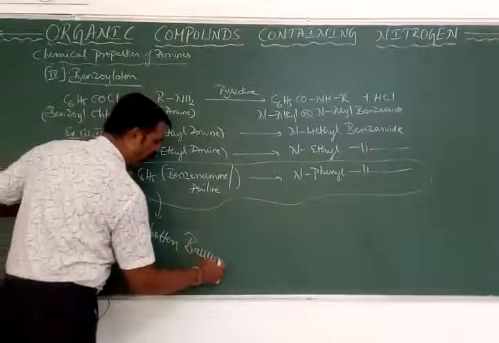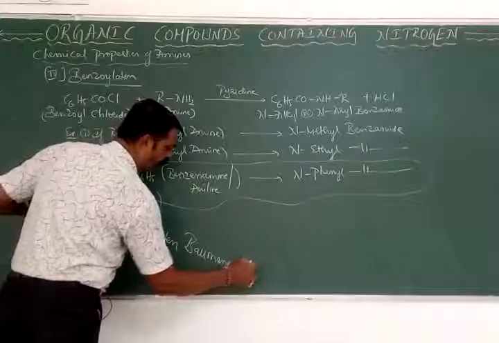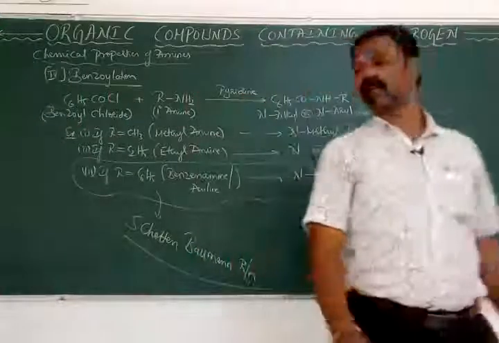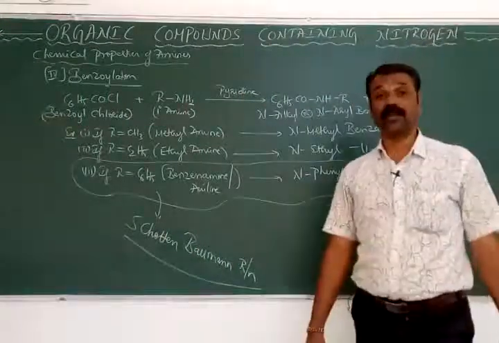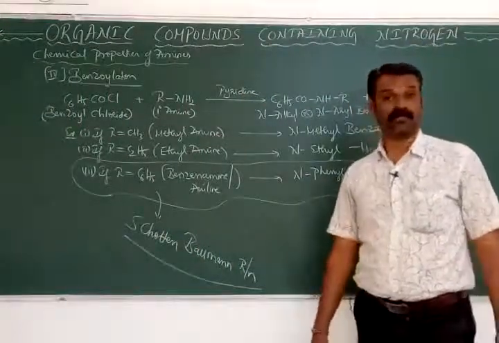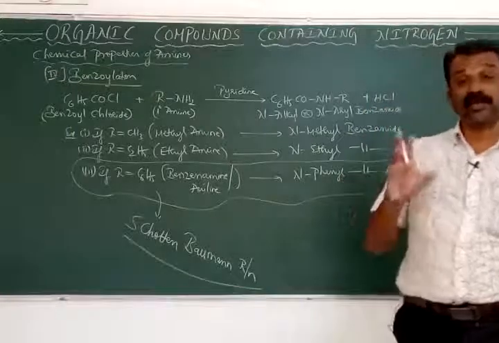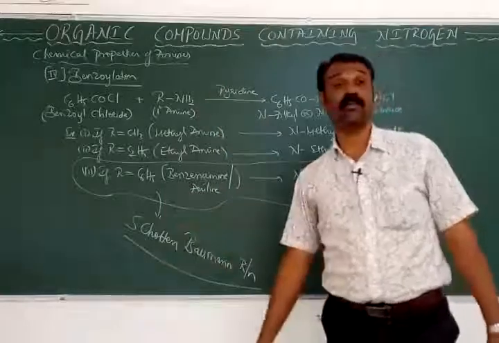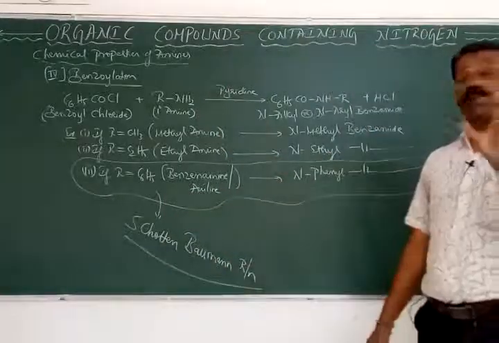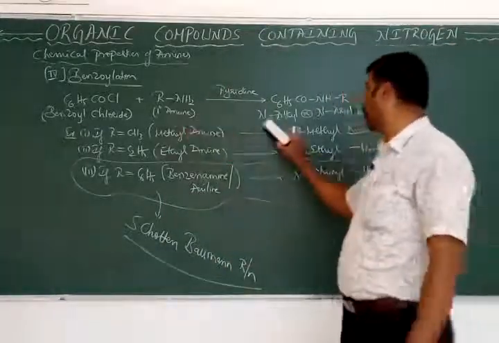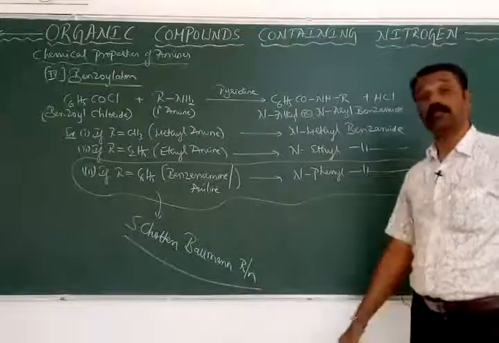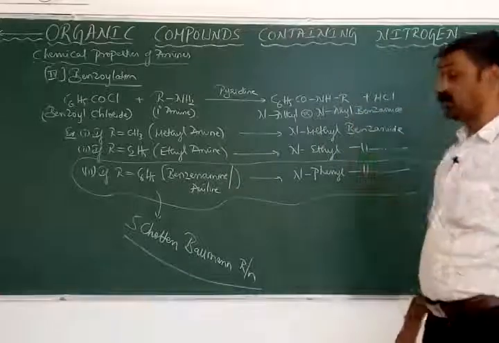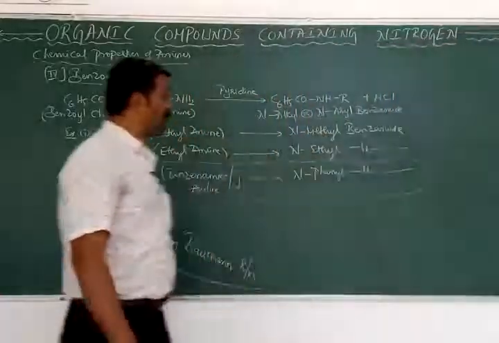In particular, this reaction is called the Schotten-Baumann reaction. The benzoylation of aniline or benzenamine is strictly called which one? The Schotten-Baumann reaction. Okay, so that is just the replacement of hydrogen of the amine by the benzoyl group, called benzoylation. Primary amines reacted with benzoyl chloride to form N-alkyl or N-aryl benzamide. For example, if R is CH3, it is called methylamine, the product is N-methyl benzamide.